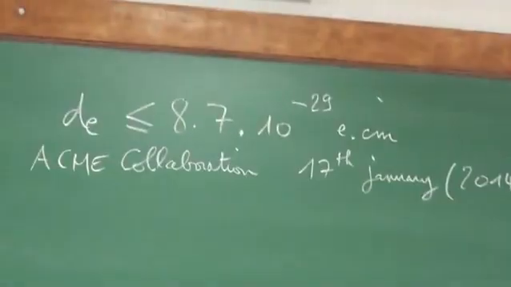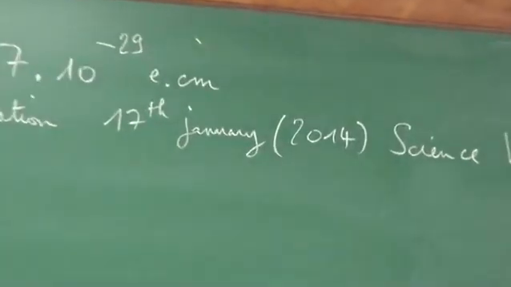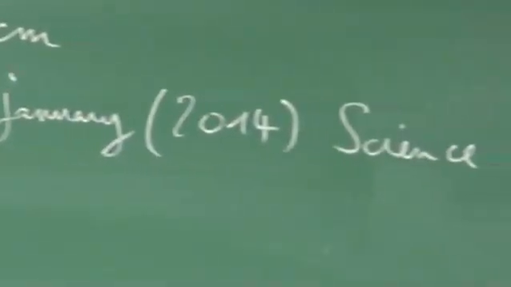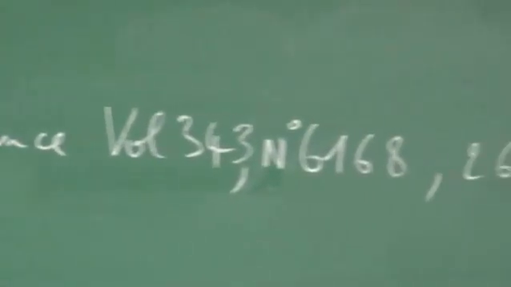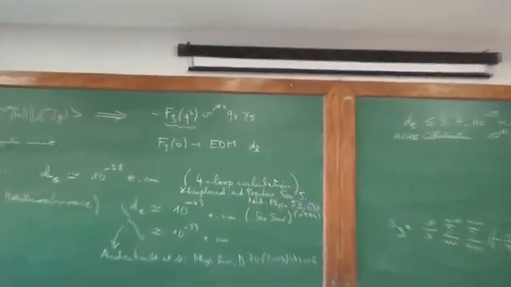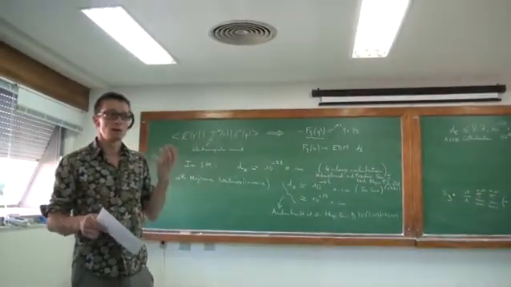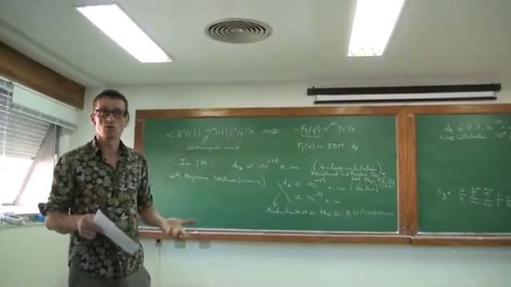And so, if you find in the experiment a non-zero value, then it will be an indication of physics beyond the standard model and a new contribution to this case.